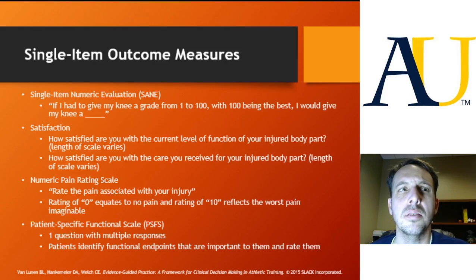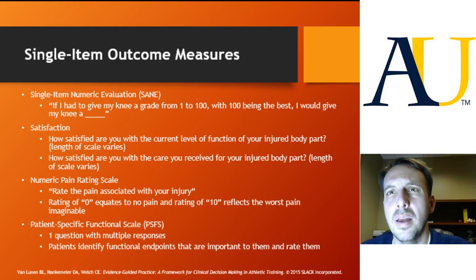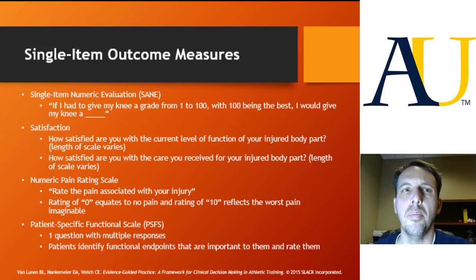Right. Then there are all sorts of different things, right? If you think of our numeric pain rating scale, where we ask people to rate their pain out of 0 to 10, that's a single item outcome measure that's patient oriented from the standpoint that the patient is describing their overall pain opposed to the clinician.